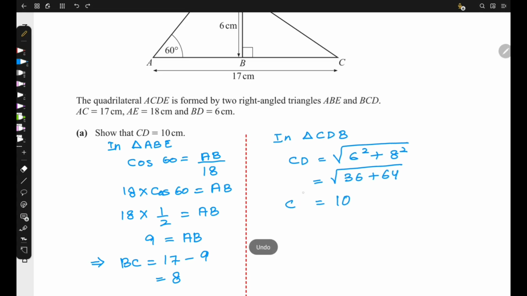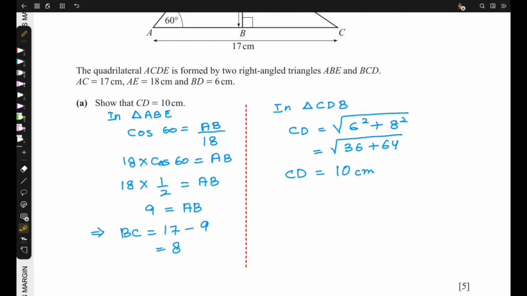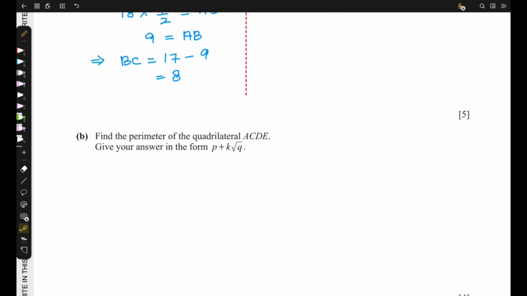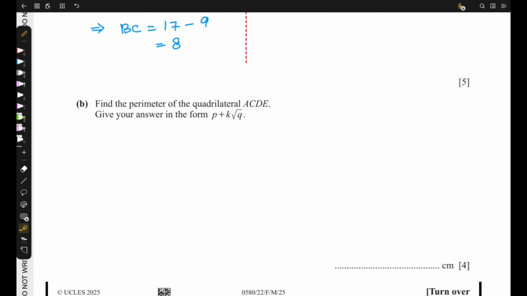And you just showed that CD is equal to 10 centimeters, and that is your final answer. Moving on, in part B, we have to find the perimeter of the quadrilateral ACDE and give your answer in the form of P plus K times square root of Q.